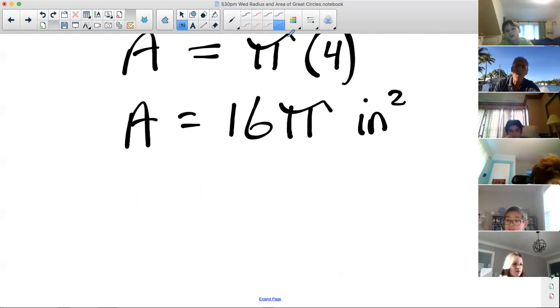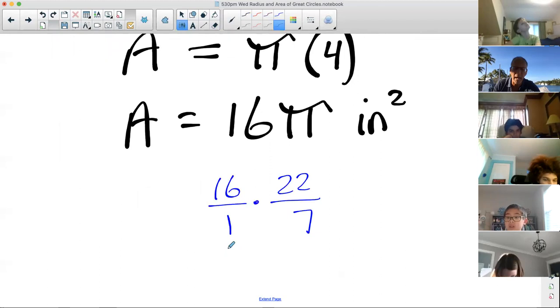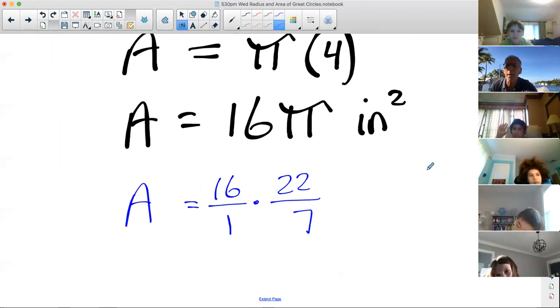However, we're going to estimate pi at 22/7. I'm wondering, guys, how many of you know how to multiply fractions? Who can describe for me the method to multiply fractions here? I'm going to go with Adalia. First, you see if you can cross cancel.